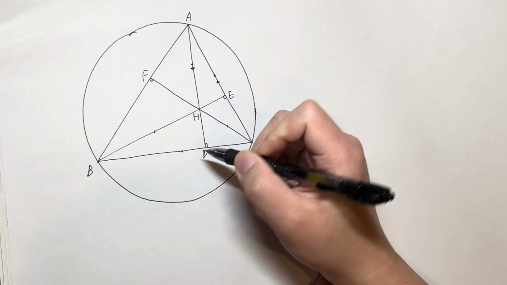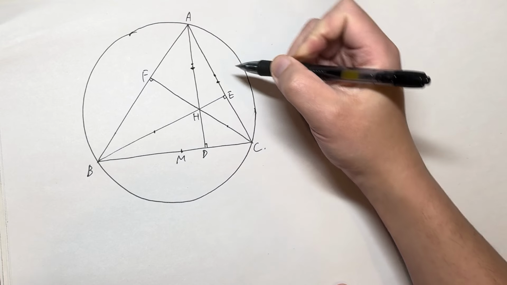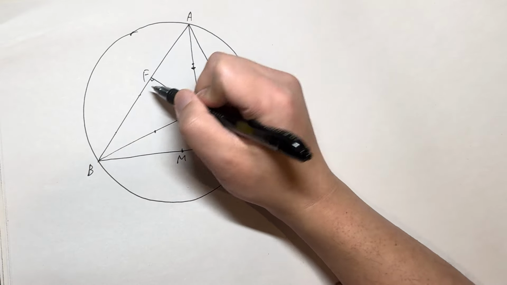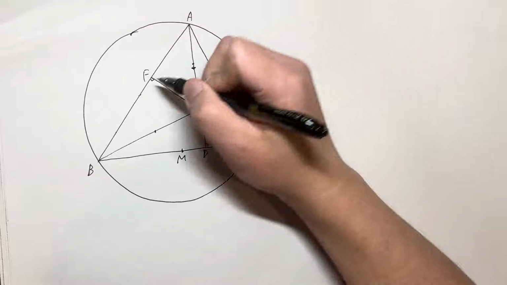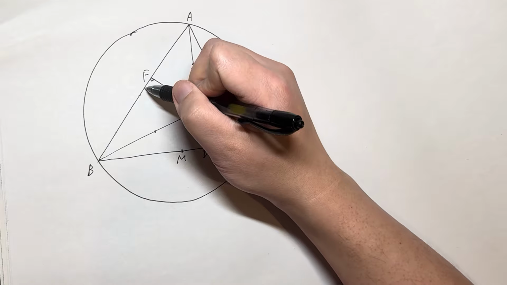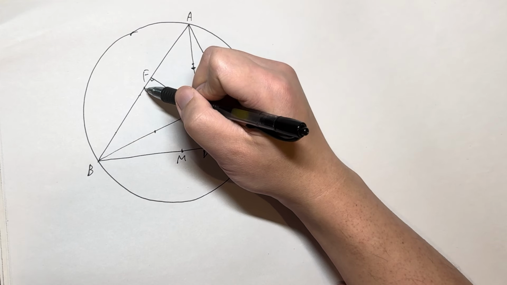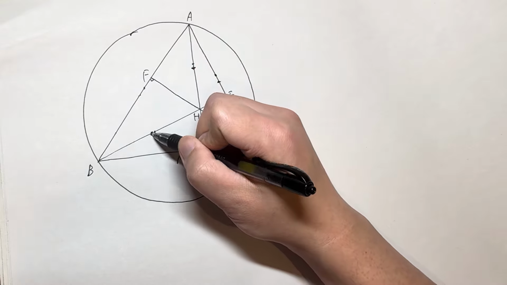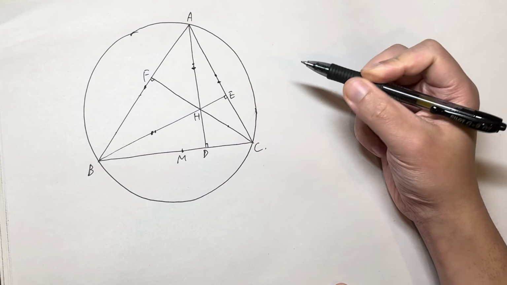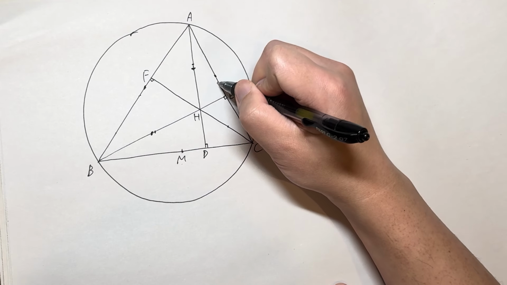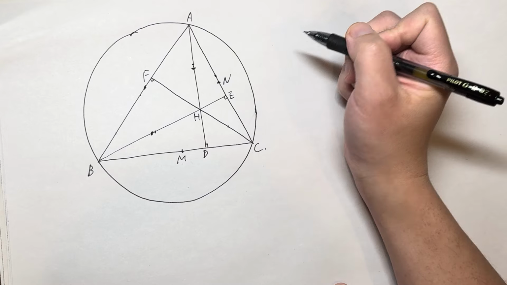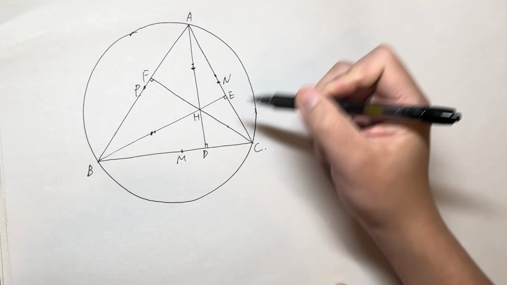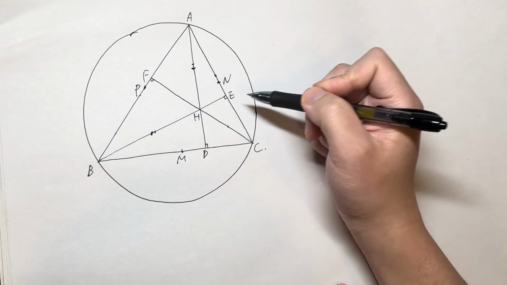Okay, so let's say midpoint M. And for this one, the midpoint is here. Okay, yeah, that's roughly correct. Okay, M, N, P.